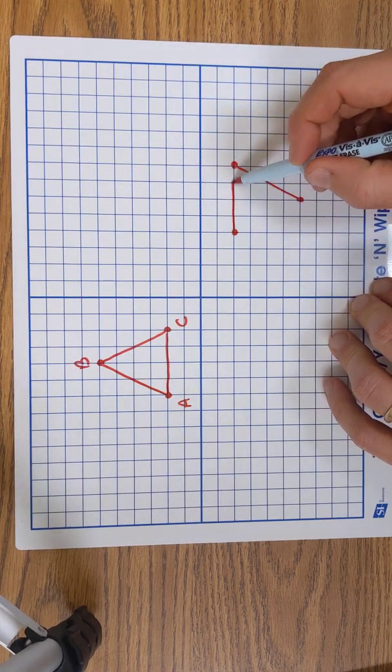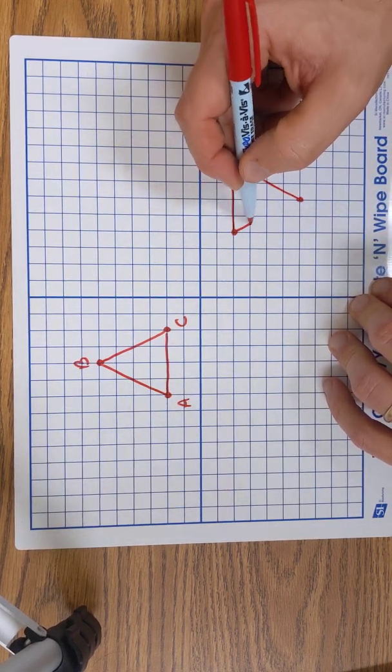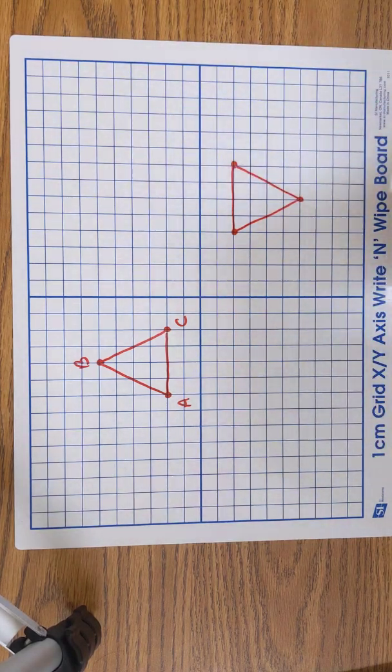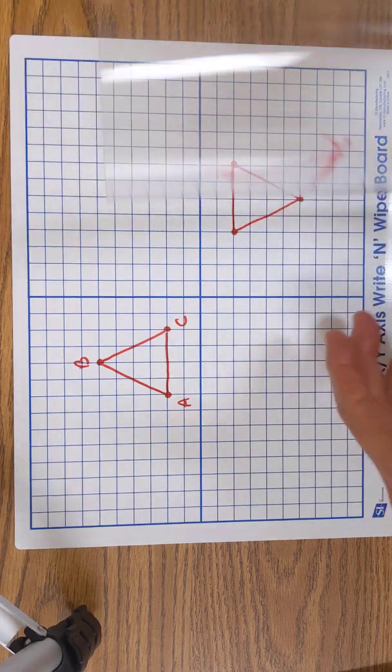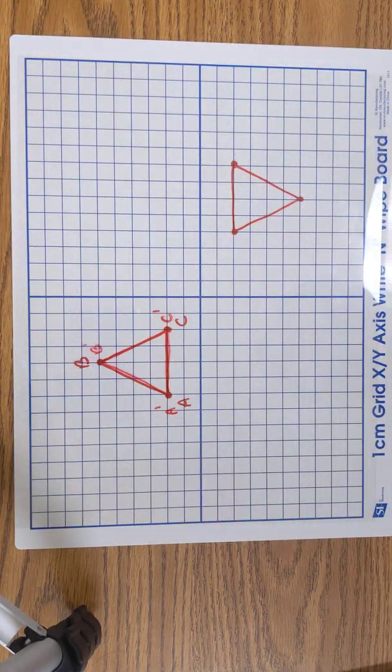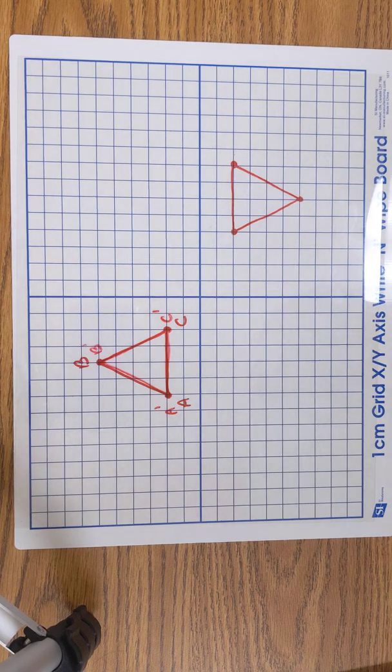And the question is, hey, are these two triangles congruent? Well, you can use your paper here, your tracing, and ask yourself, is there any set of rigid transformations that I could do to get this guy down to here and match up perfectly?